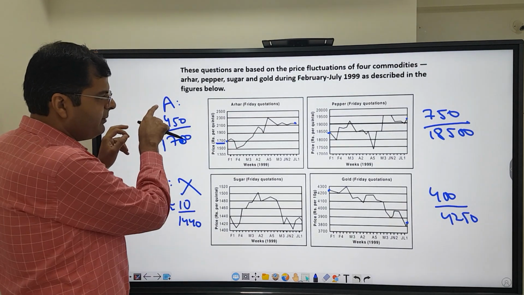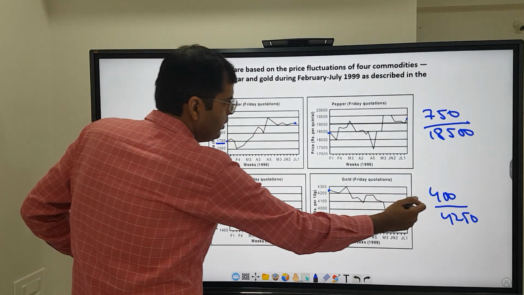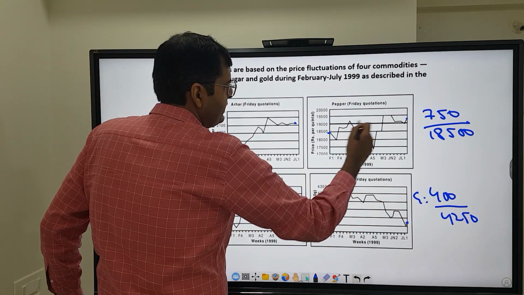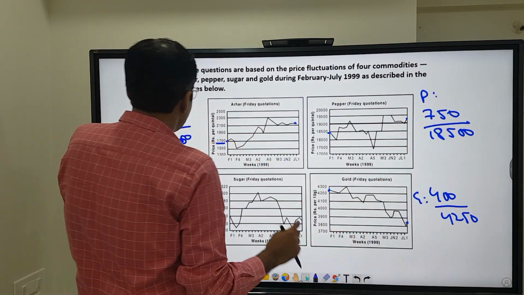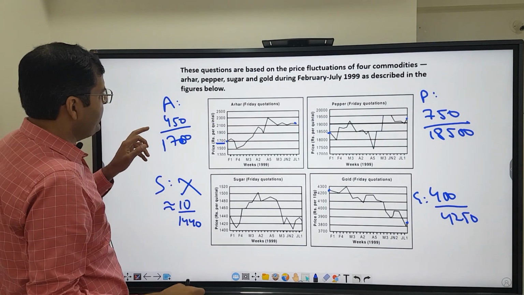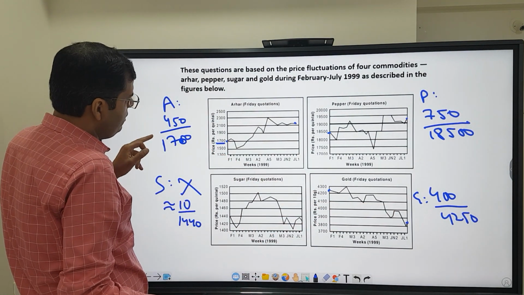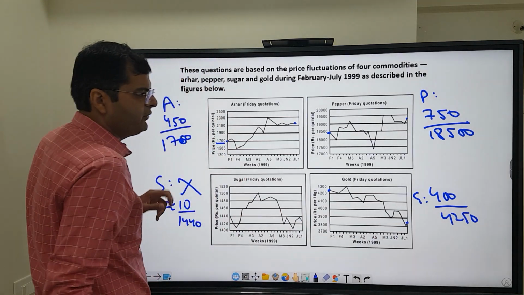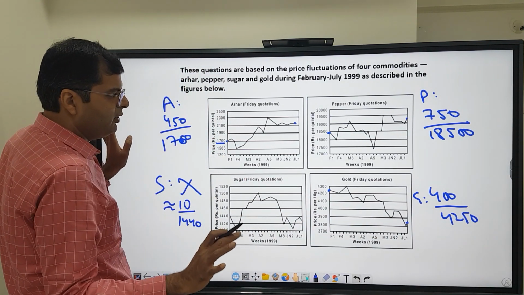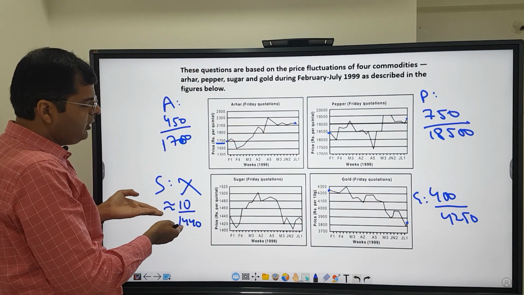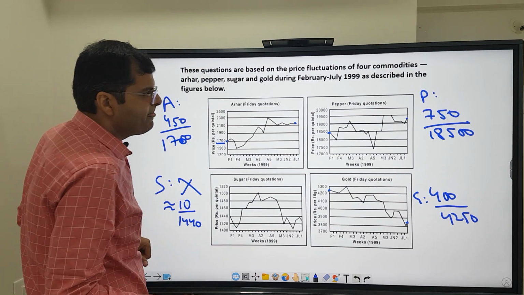If I compare Arhar with gold, G is gold and P is pepper. The numerator 450 is greater than 400 and the denominator 1700 is less than 4250, so Arhar has to be greater than gold for sure. Sugar is already ruled out because it is very close to 0.